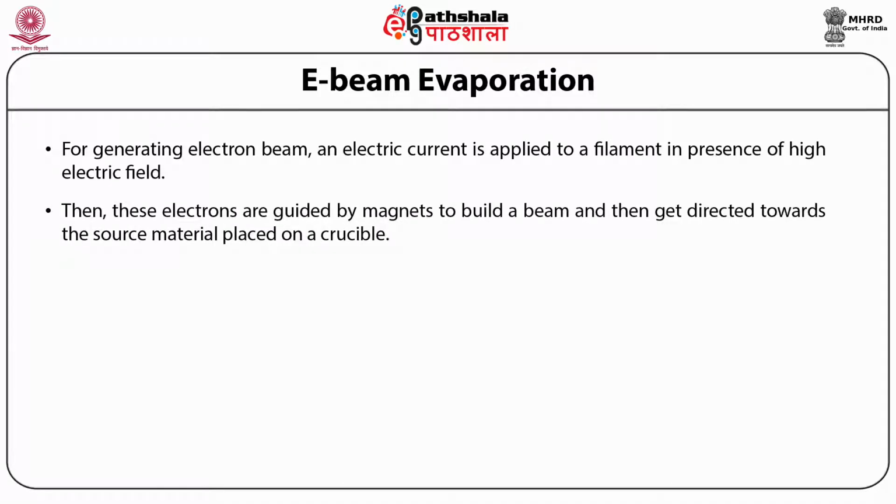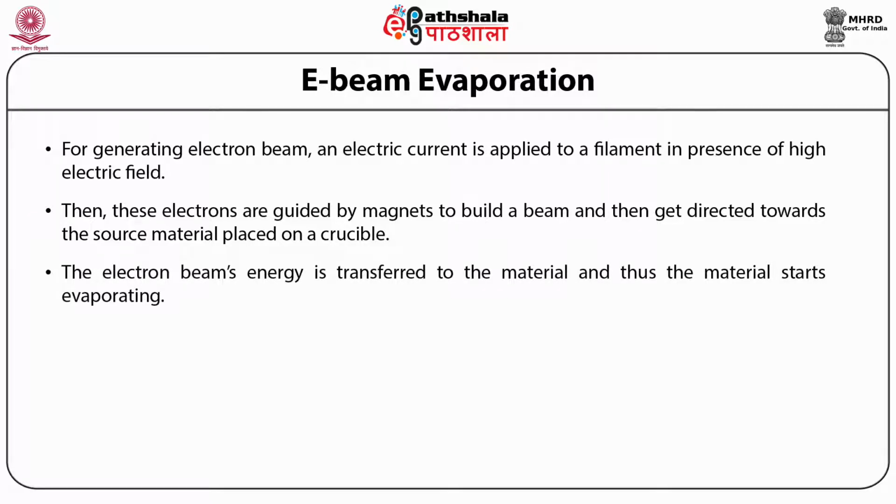Then these electrons are guided by magnets to build a beam and then get directed towards the source material placed on a crucible. So the electron beam energy is transferred to the material and thus the material starts evaporating.